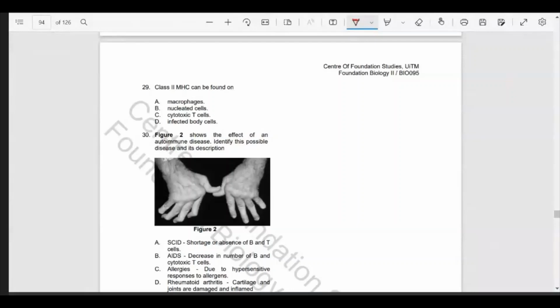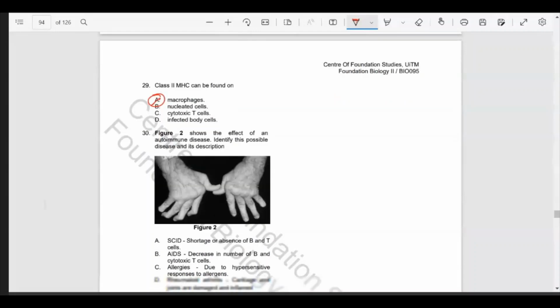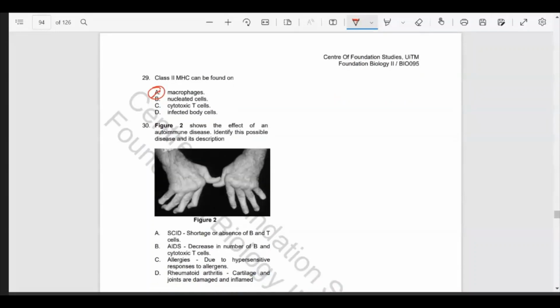Class 2 MHC can be found on, my answer is A, the macrophages. Correct. Can you explain a bit? I know we have not covered it yet, but I want to know what you understand about MHC here. What is MHC? A protein molecule produced by the host cell.